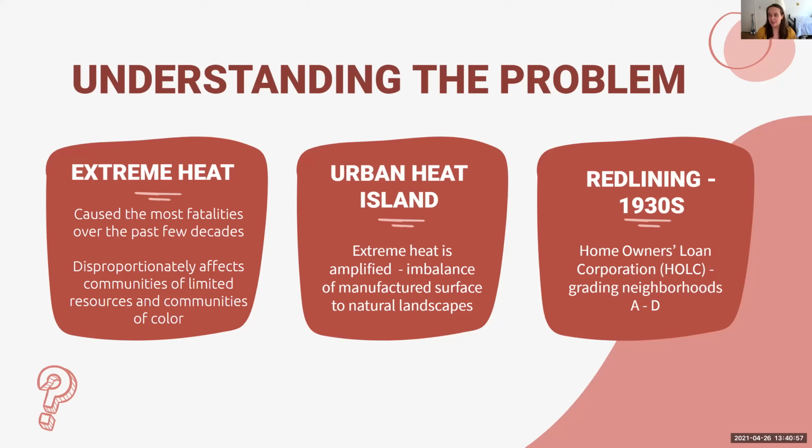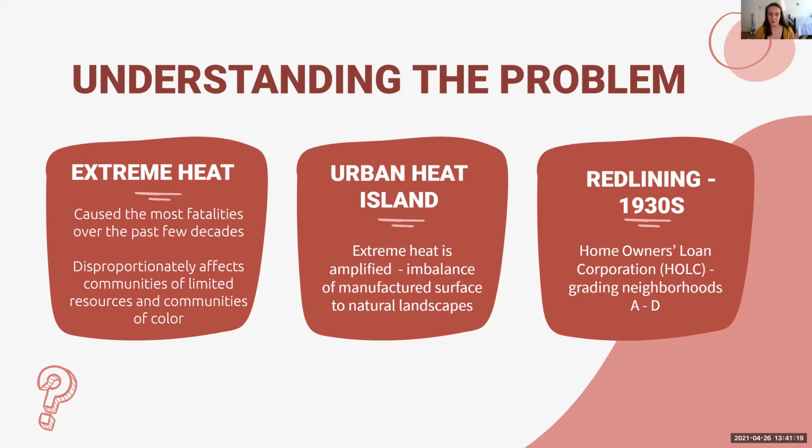The third thing you need to understand is the concept of redlining, which began in the 1930s. So the Homeowners Loan Corporation, known as the HOLC, began to grade neighborhoods based on their ability to get a mortgage, how easy it was for these neighborhoods to get mortgages.